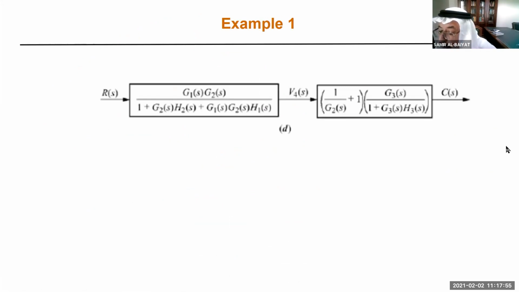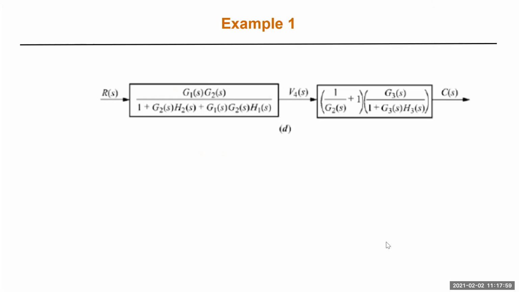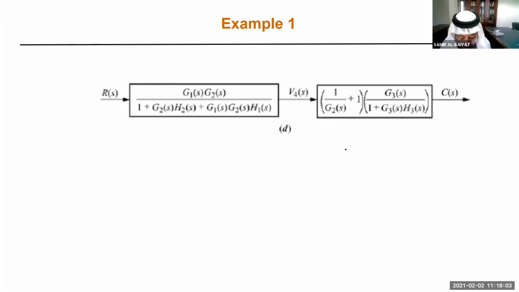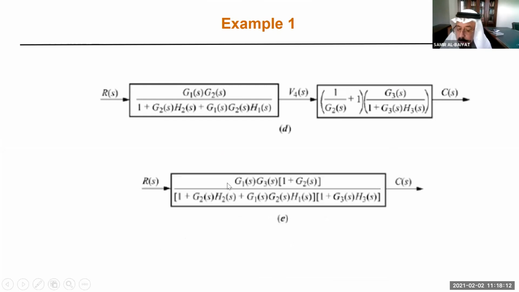So 1, 2, 3, and this is the overall transfer function. I have 1 block. The question at the beginning said find T, so T is equal to this transfer function.